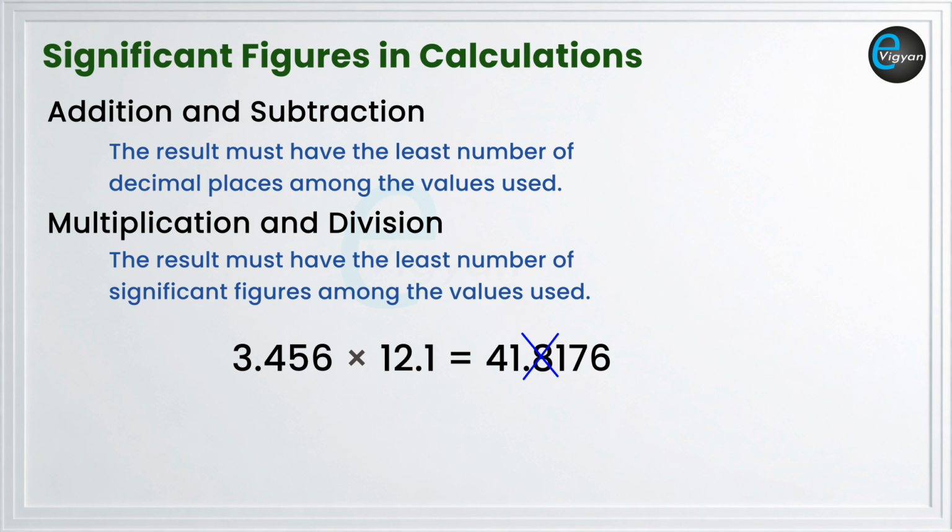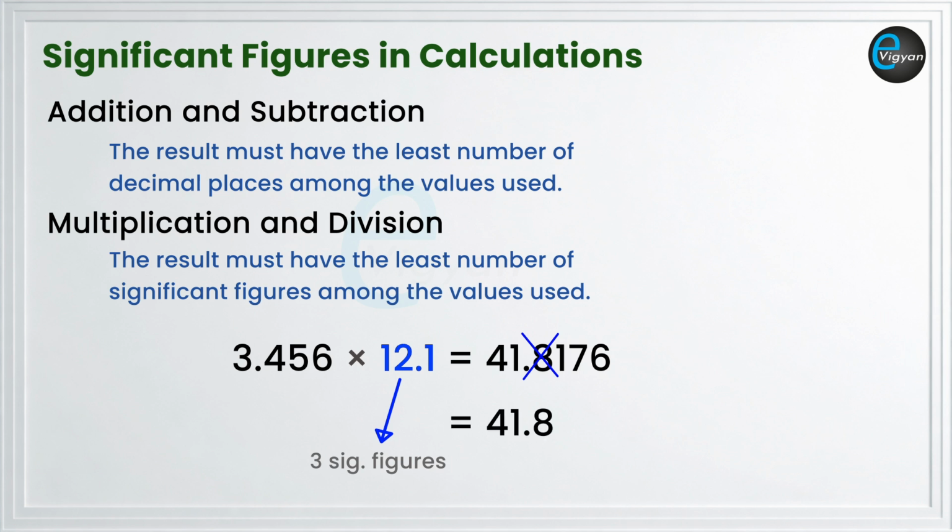But this is not the correct answer. Why? Because you have to take care of the significant figures here. Since 12.1 has the least number of significant figures, which is 3, the final answer must have 3 significant figures. And here the final answer is 41.8.